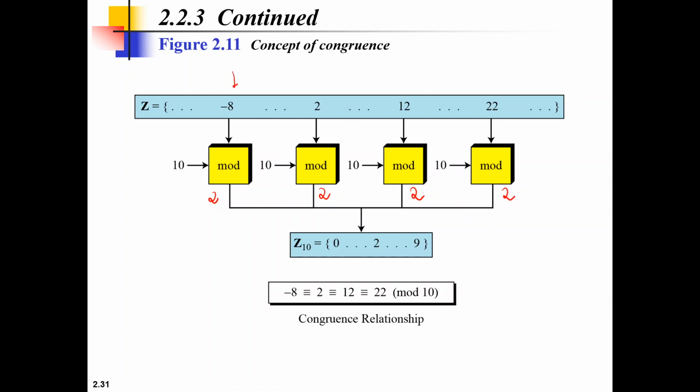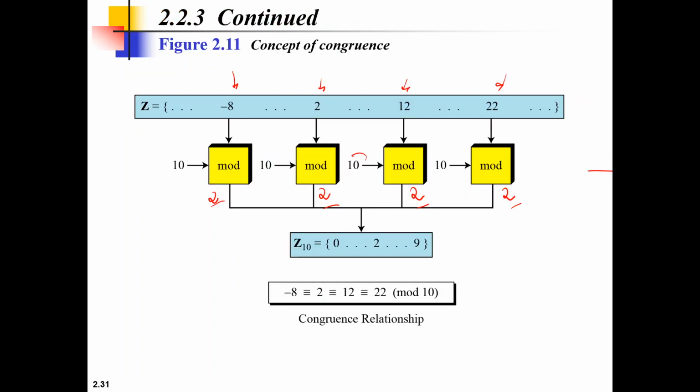So these are different values giving me the same answer if I don't change my mod. So I will write minus 8 is congruent to 2, congruent to 12, congruent to 22 mod 10. That is the meaning of congruent.